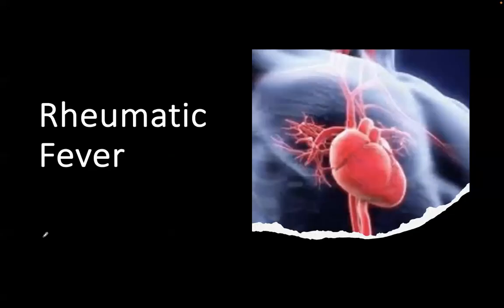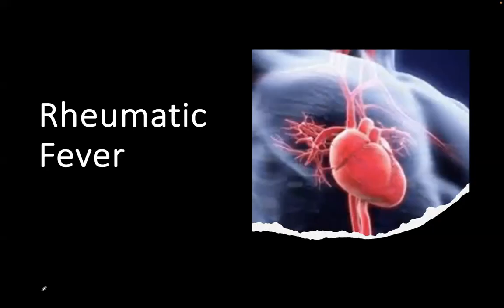Now let's begin with the first disease, which is actually rheumatic fever. Now let's start stimulating your brain cells. When you hear the words rheumatic fever, is this generally a disease of the rich or a disease associated with poverty?